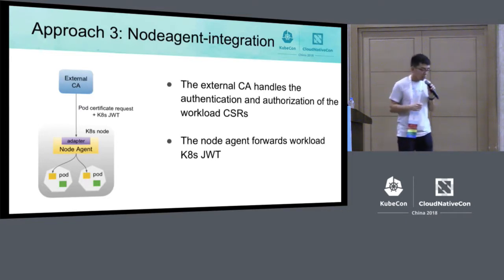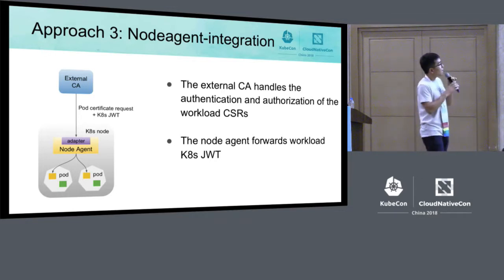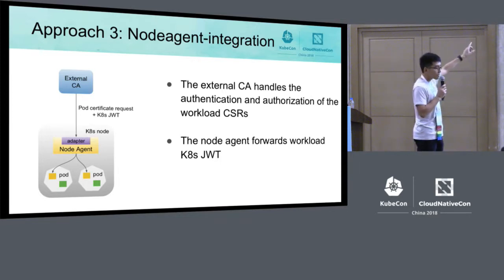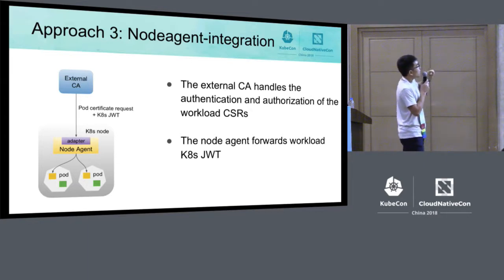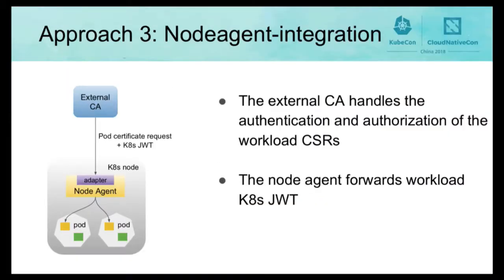But if you don't want to have that mechanism, you can use the node agent directly to talk to the external CA. The difference between this and that is not only there's no Citadel in this architecture, but also your external CA needs to directly authenticate the Kubernetes JWT.